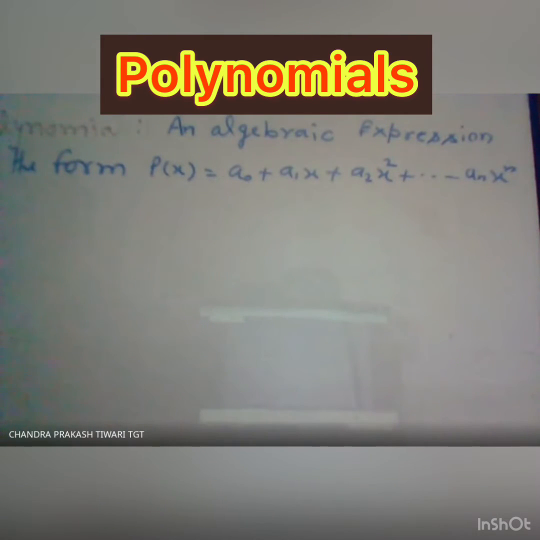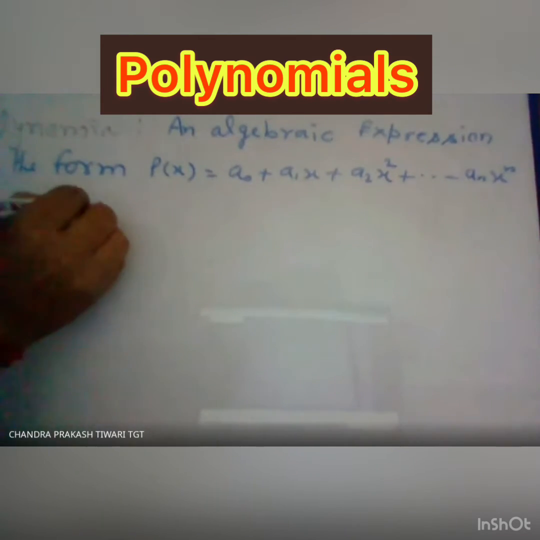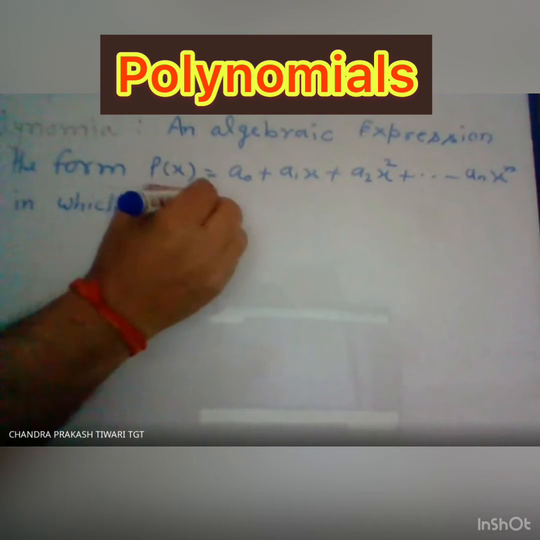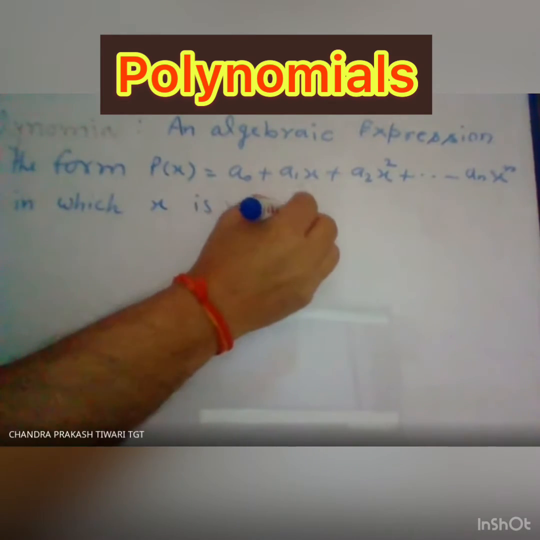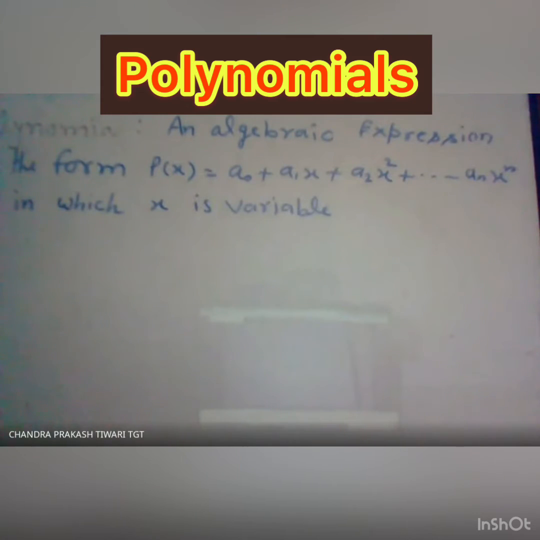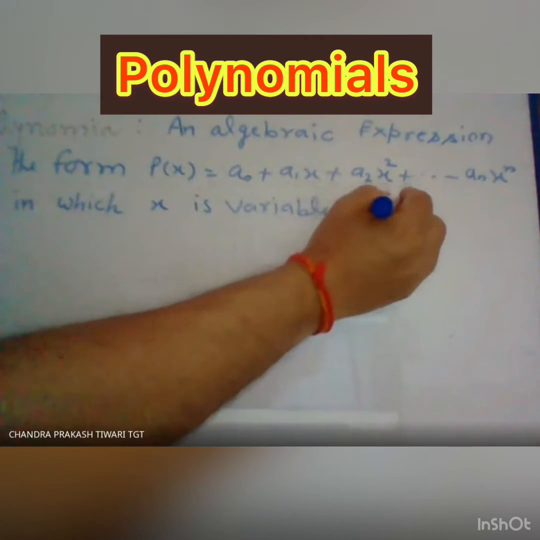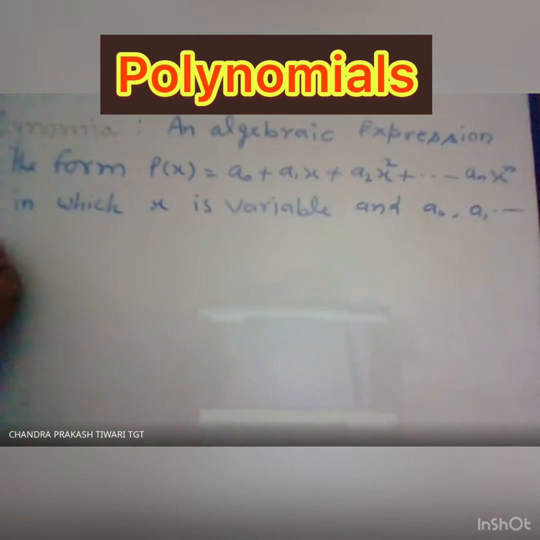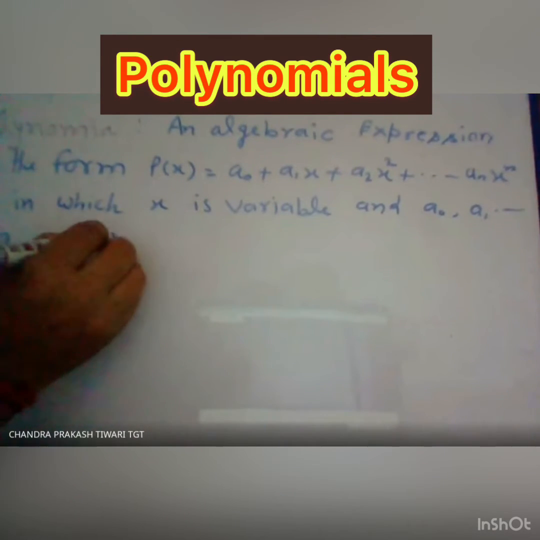So this form is known as a polynomial, in which x is the variable, okay, and a0, a1, a2, and so on up to an, these are real numbers.